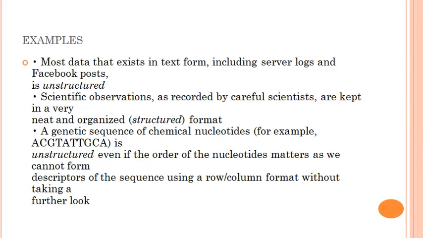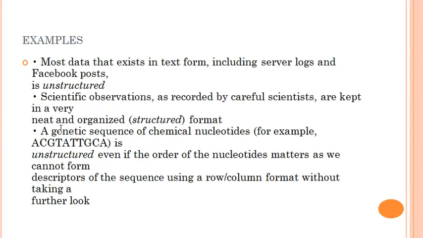Another example is a genetic sequence of chemical nucleotides. This is unstructured. Even if we order the nucleotides, we cannot form any specific descriptors for the sequence, right? Because this is a sequence.